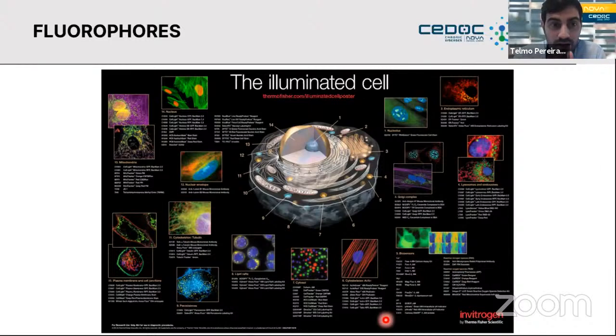Nowadays, almost every component of the cell, every protein, has some type of fluorophore or fusion protein or other dyes that you can use to illuminate specifically and with high contrast your target protein or your target organelle.